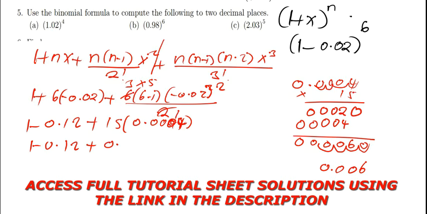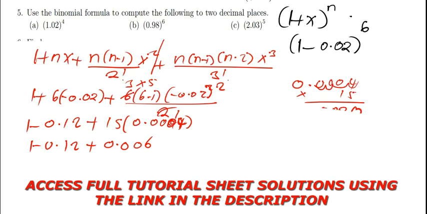0.006. So now let us go ahead and add this. So we have got 1 minus, I'll do it from here. We have 1 minus, let me just put 1.00, then we have got minus 0.12.